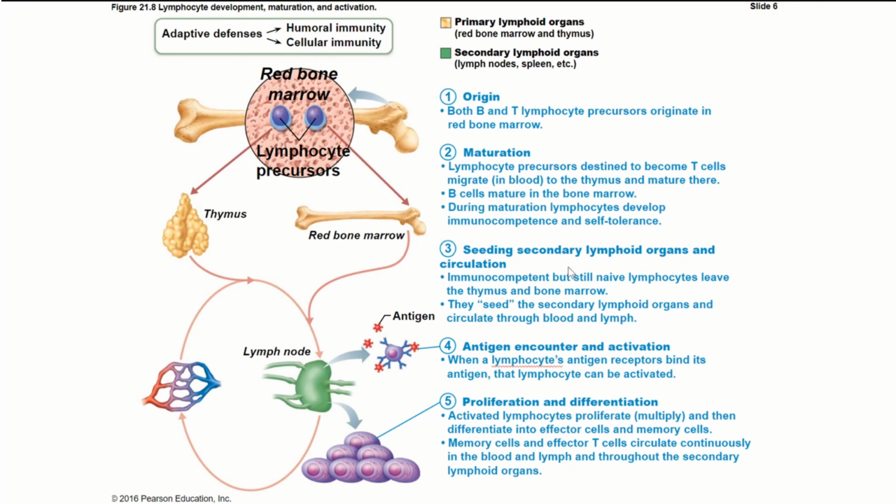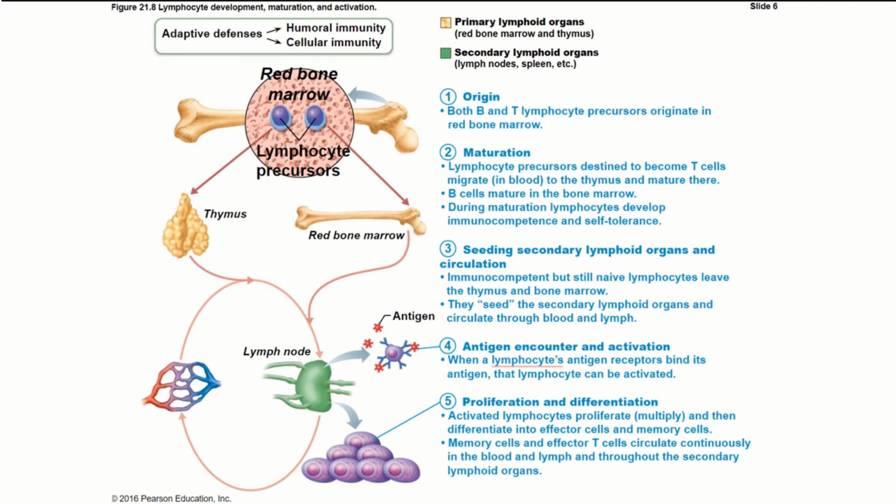Then these get moved to the secondary lymphoid organs, so they're going to move to things like lymph nodes, or they're going to circulate in the blood, or they're going to move to the spleen once they go through the maturation process. And then, just like we talked about, they're looking for antigens to encounter.